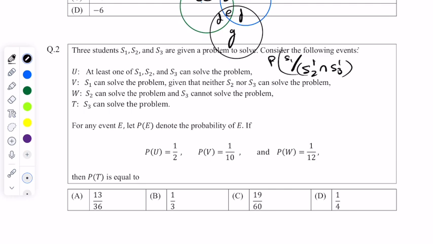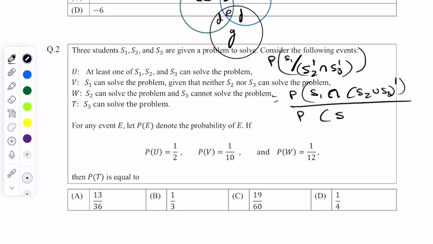That is what we have to find out. So this will be probability of S1 intersection, using De Morgan's law, I can write it as (S2 union S3) whole complement, divided by probability of (S2 union S3) whole complement. Now this is what we will get.